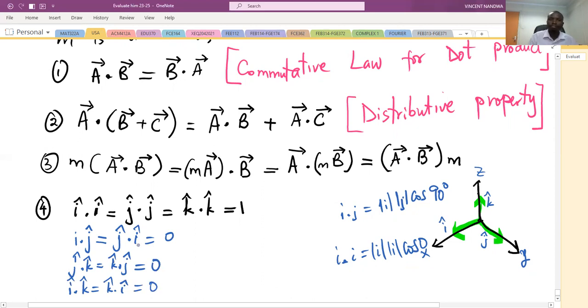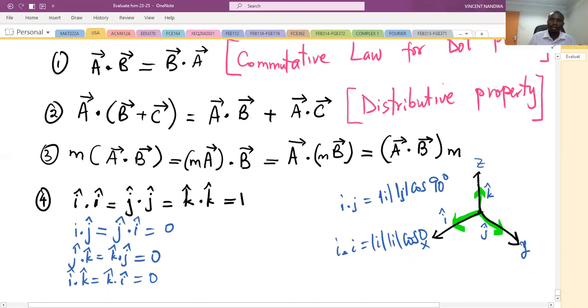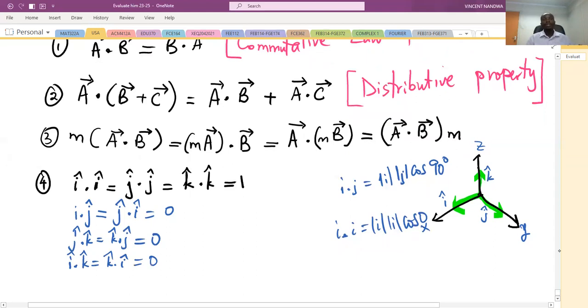So this will help us get another formula for dot product, once you know that i dot i equals j dot j equals k dot k equals 1, and these other combinations give you 0.